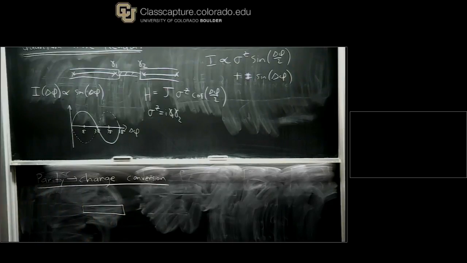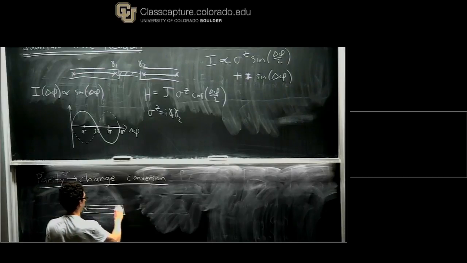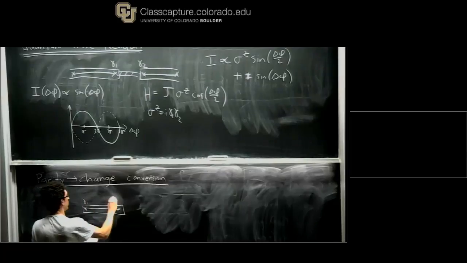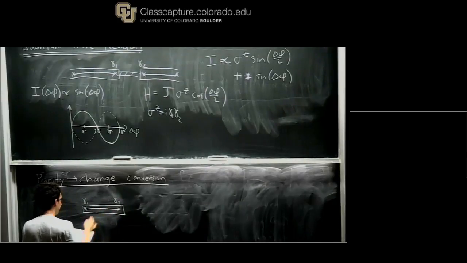All right, so now I'm going to intentionally make my entire topological superconducting system mesoscopic. I want to make it relatively small. So these are the Majorana modes that I want to read out.